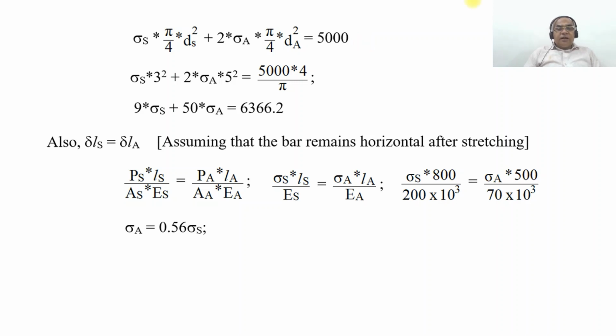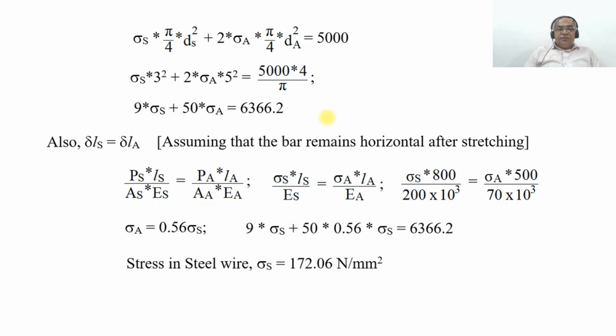Now substitute this value in the equation 9 sigma_S plus 50 sigma_A equal to 6366.2. So 9 into sigma_S plus 50 into 0.56 into sigma_S is equal to 6366.2. On simplification, the stress in the steel wire, sigma_S, will be equal to 172.06 Newton per mm square.